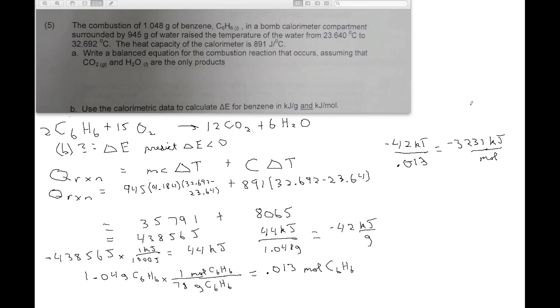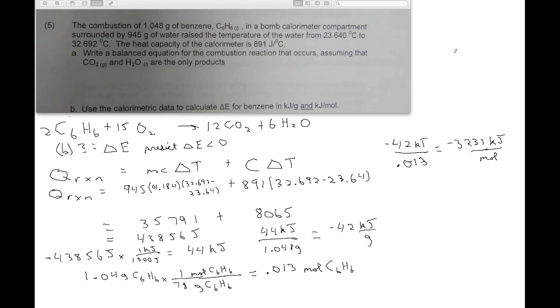Actually, whoops, let me double check that really quickly. I got 41.85 kilojoules per gram, so then take 43.85 divided by 0.01343.